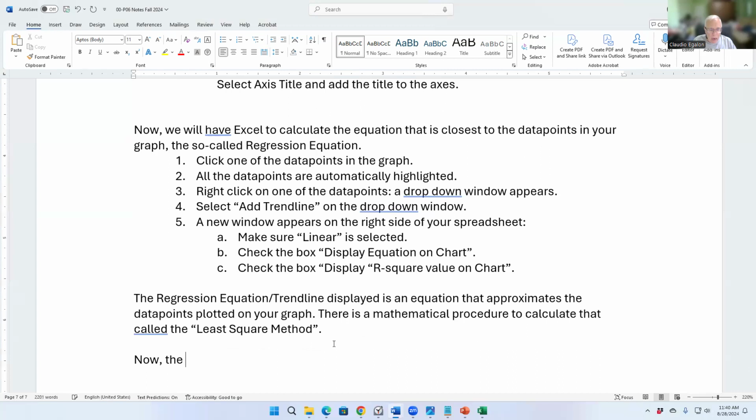Now, the R square parameter has a name. It is referred to as the determination coefficient.